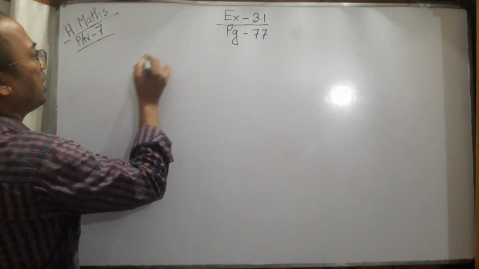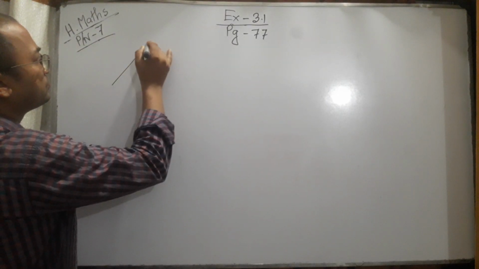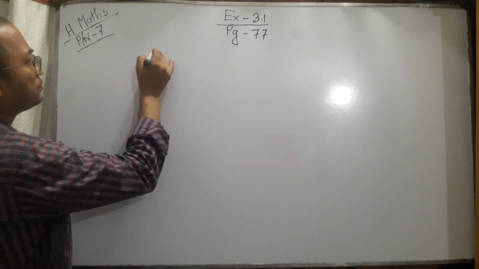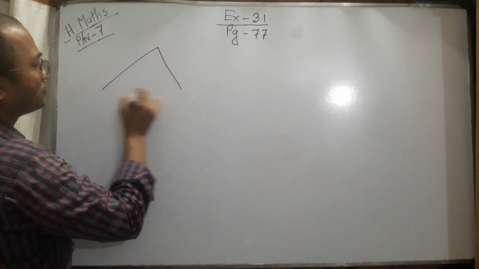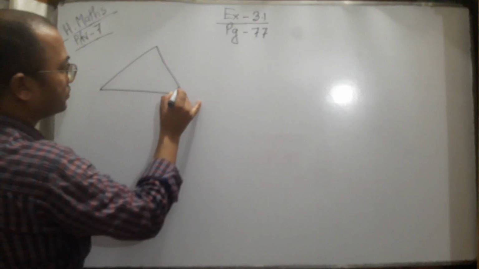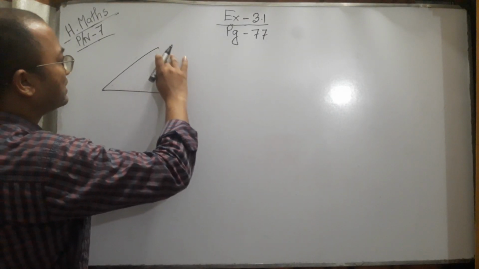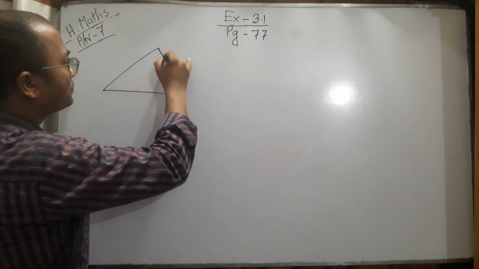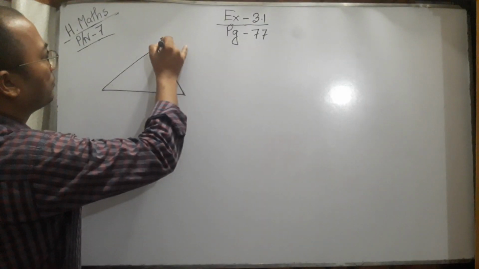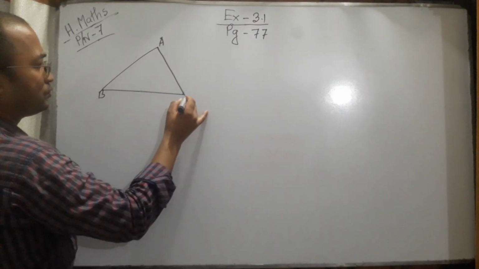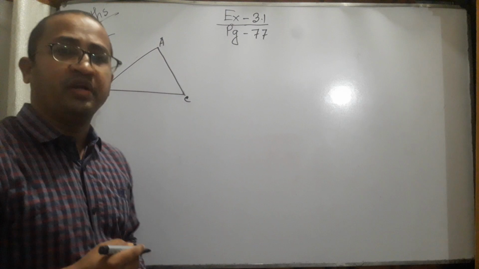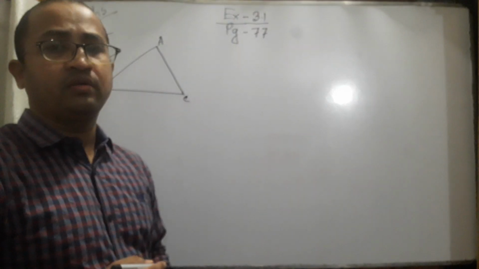At first you draw a triangle. Say this is a triangle ABC. We will draw three median. What is the median?